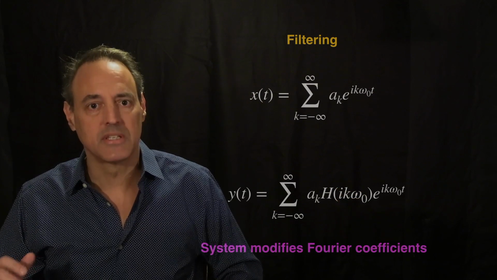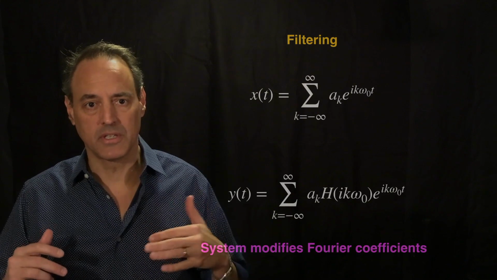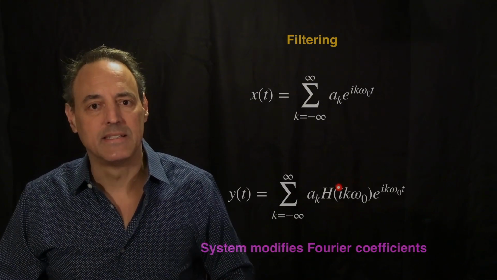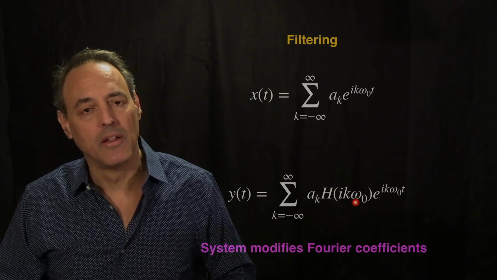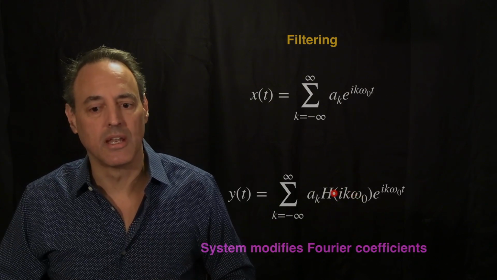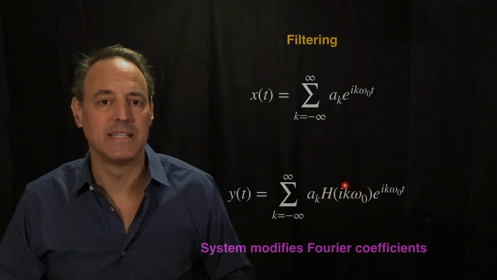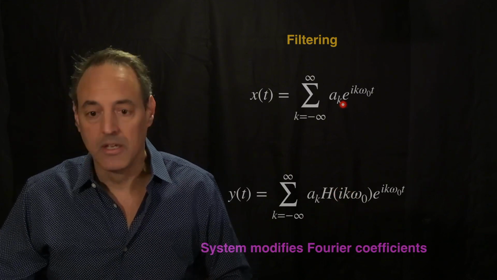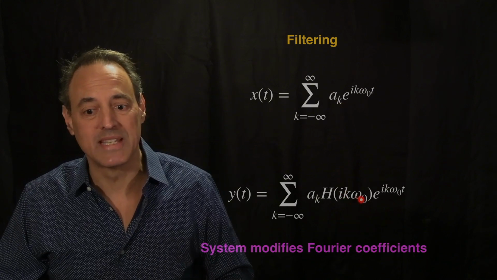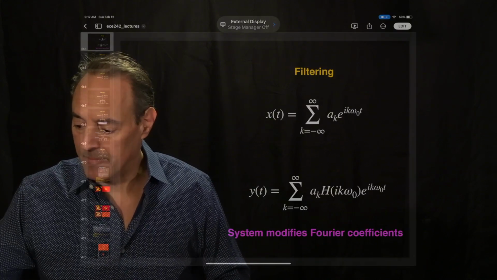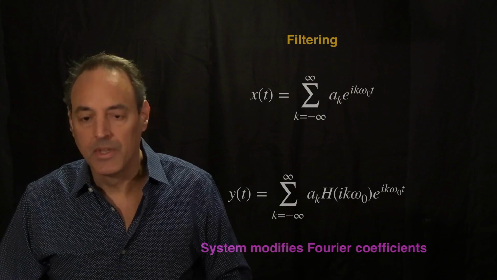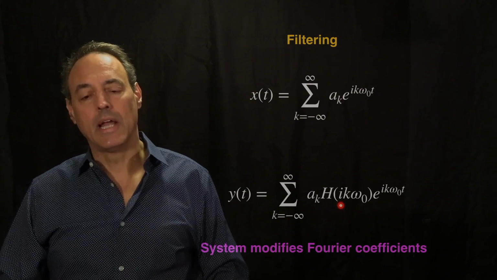The system itself, due to its physics or whatever processing it has, produces an output that's dictated by the fundamental response, which shows how it modifies each of the Fourier components. So you come in with an a of k for each Fourier component, and what you come out with is a of k scaled by this component here. So that's what we're looking at here, and this modification.